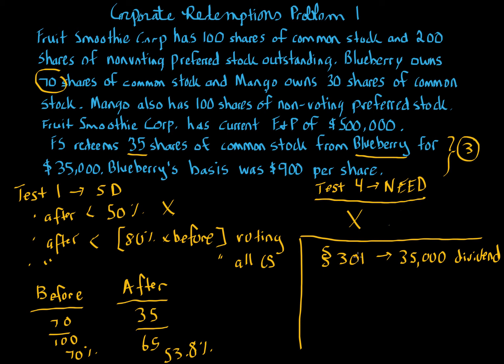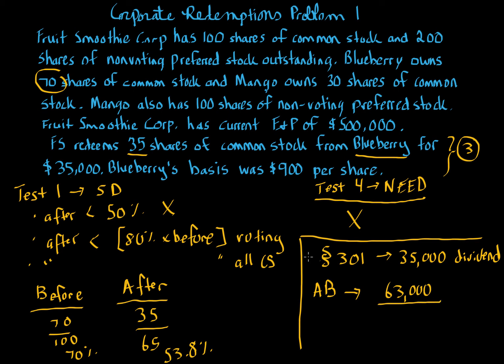And finally, the adjusted basis of the shares going forward. What will we do whenever we have a 301 distribution with one of these 302 transactions? We take the number before. So we have 70 shares times $900. That's the before, $63,000.